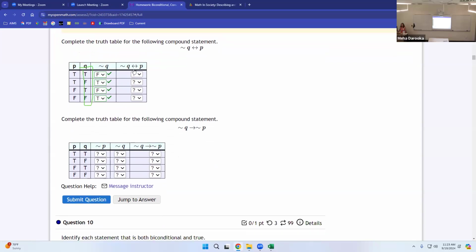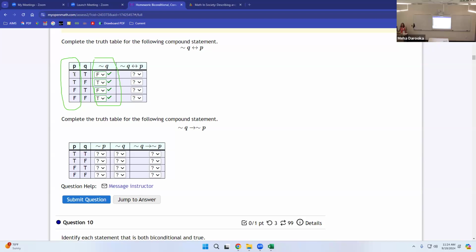All right, so we got that. Now you are looking at the biconditional between the not Q column and the first P column. Since this is a double-headed arrow, same thing, right? Both of them have to be true or both of them have to be false.